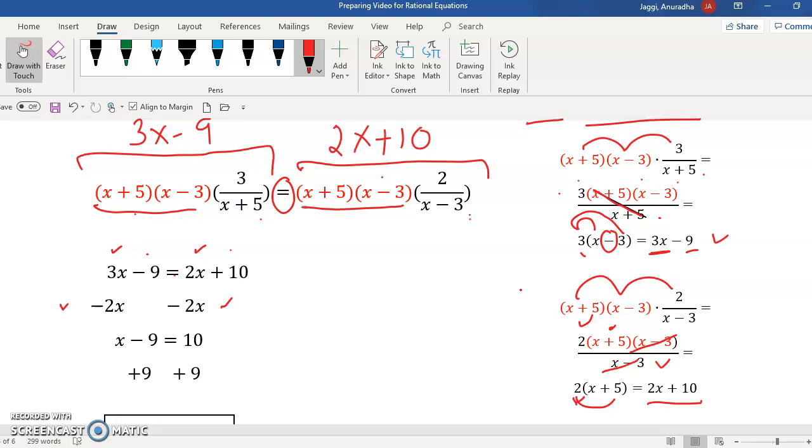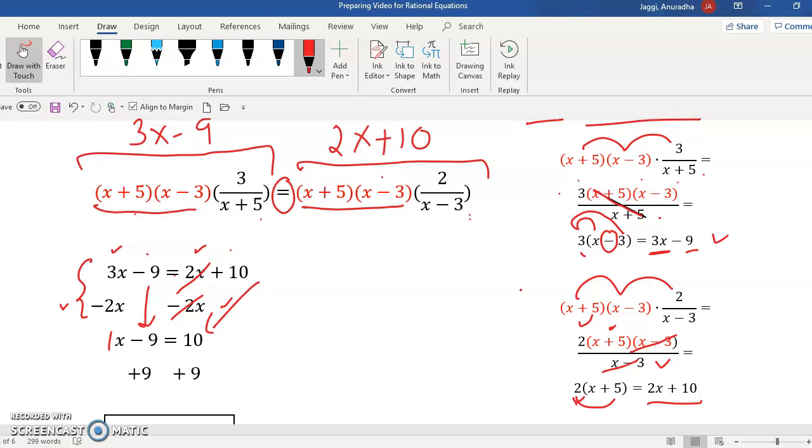So 2x gets eliminated from the right hand side, and 3x minus 2x becomes 1x. And then you have on the left hand side negative 9 that you copied down here, and you have 10 left on the right hand side. So you have 1x minus 9 is equal to 10.